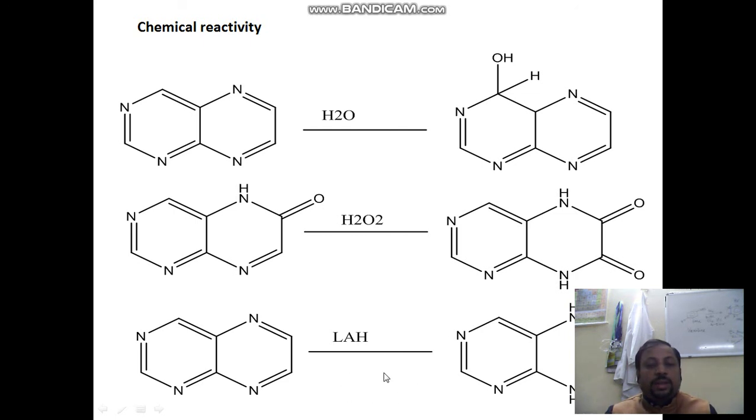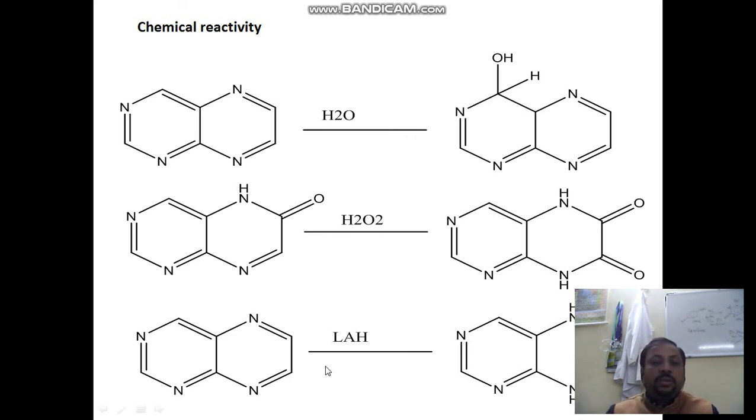Right, so when we see this reactivity towards reduction with a reducing agent, and we took LAH, lithium aluminum hydride, what happens is this ring gets reduced while this ring remains unreacted.